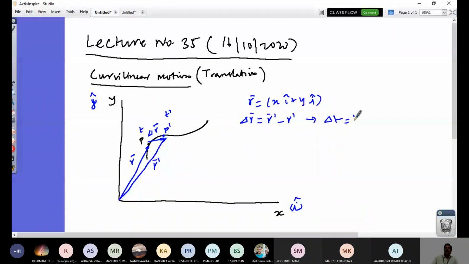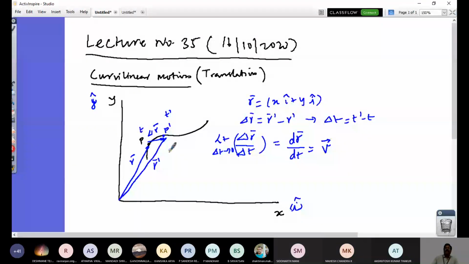Then I can define delta r by delta t. This is actually my average velocity, and as the limit delta t tends to 0, this quantity is simply dr by dt, which represents the velocity vector.